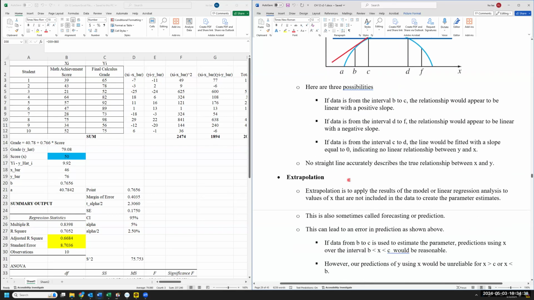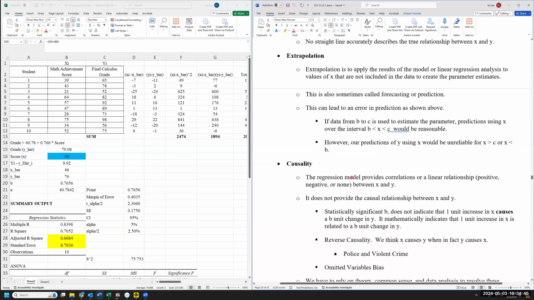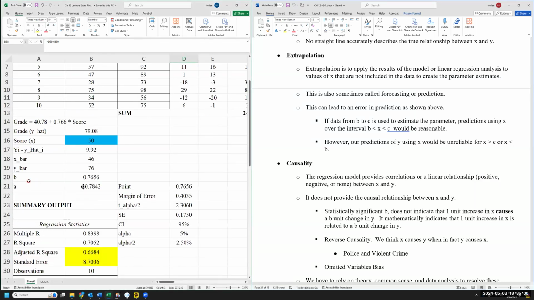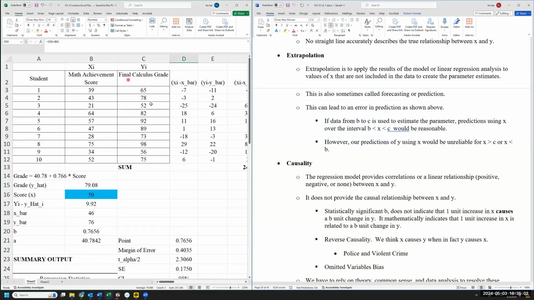Extrapolation. What is extrapolation? That's the next topic. Extrapolation is to apply the results of the model or linear regression analysis to values of X that are not included in the data used to create the parameter estimate. So for example, in our example in Excel, we use this data right here.